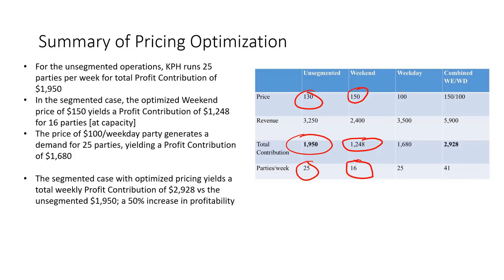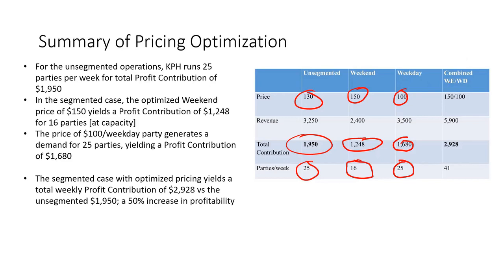Similarly, using the $100 price for the weekdays, the profit contribution for the 25 parties that we could run on those 5 weekdays would yield a profit contribution of $1,680.